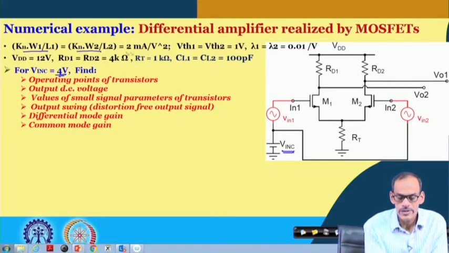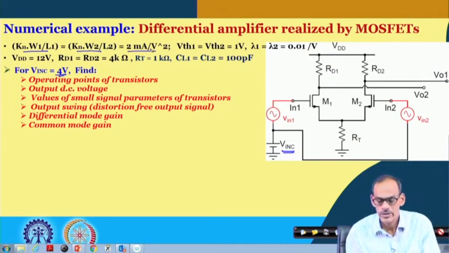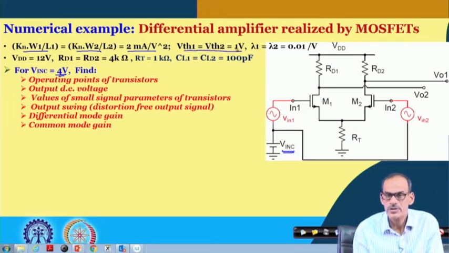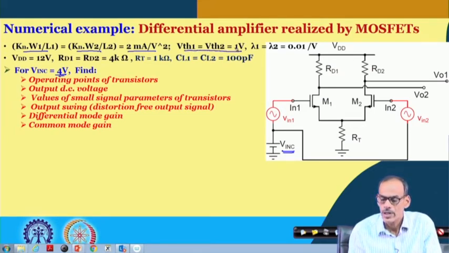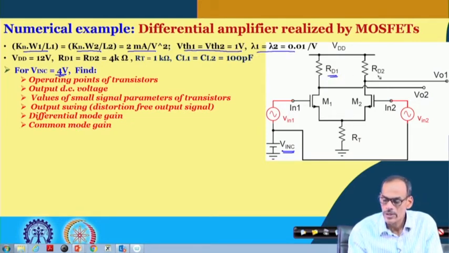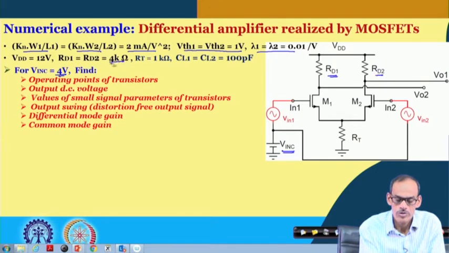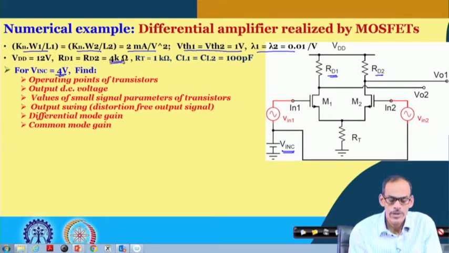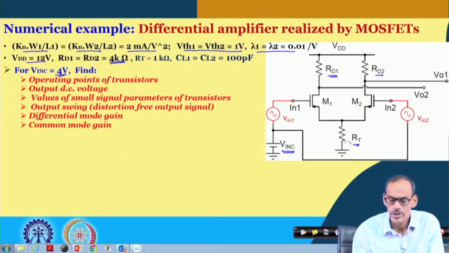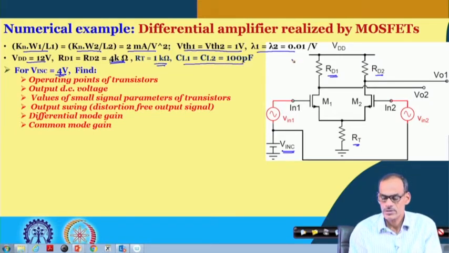Both the transistors are identical, having transconductance factor of 2 milliampere per volt square. Threshold voltage of both the transistors is 1 volt. Lambdas are given here, and then RD1 and RD2 are identical, and both of them are equal to 4 kilo ohm. Supply voltage is 12 volt, and again RT we are considering 1 kilo ohm, and this load capacitance in this example is not really having much significance.